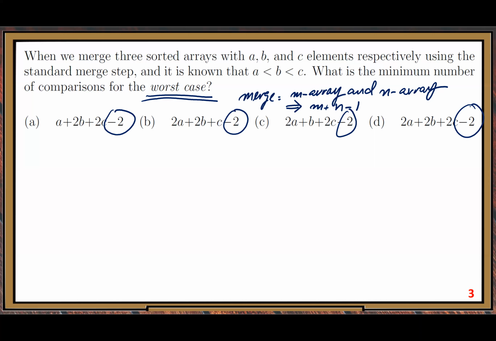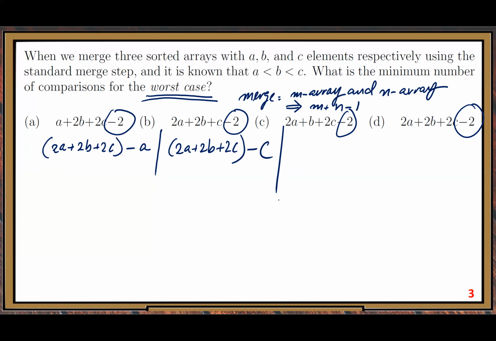Then, when we compare which one is smaller, A: 2A plus 2B plus 2C minus A. B: 2A plus 2B plus 2C minus C. C: 2A plus 2B plus 2C minus B. D, no minus: 2A plus 2B plus 2C. That's it.